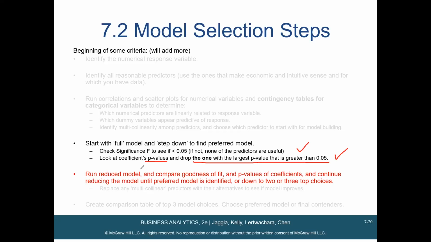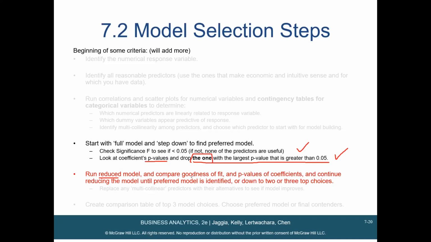All right, and we drop that, and we do it one step at a time, one predictor at a time, because everything can change once you drop a predictor. All the estimates, everything will be different. We call that the reduced model, because we've taken away one predictor. And then we're going to compare how it does with the original one.